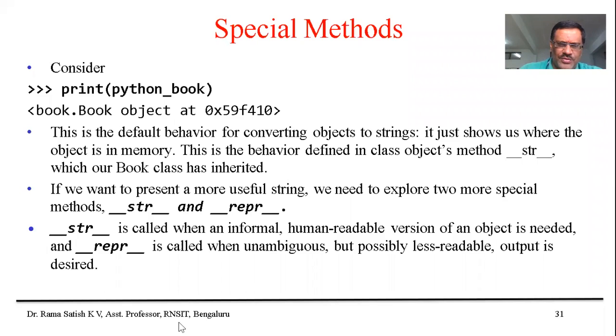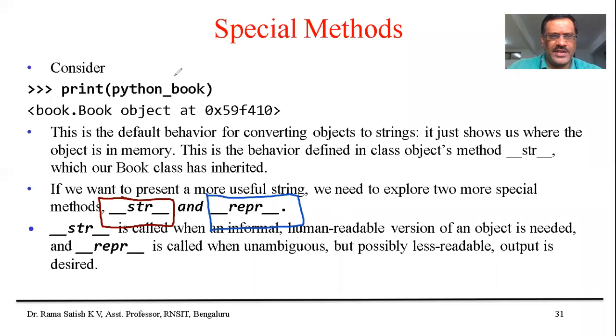See, the two special methods are the str method, which is the one most of the time they have asked about, and another method is the represent method, the REPR method. These are the two methods that are there.